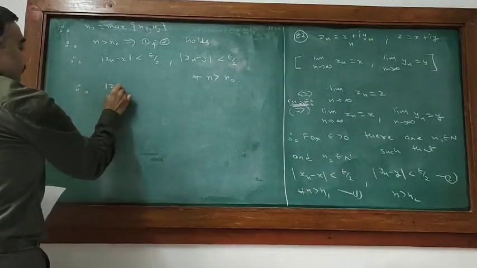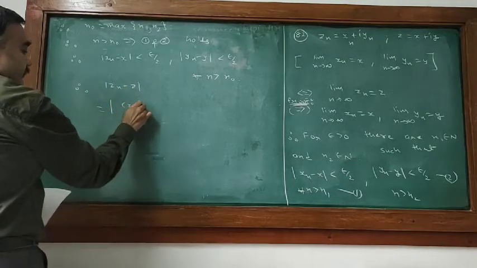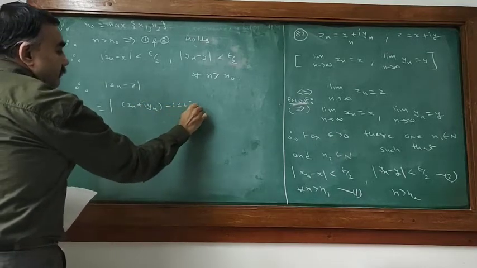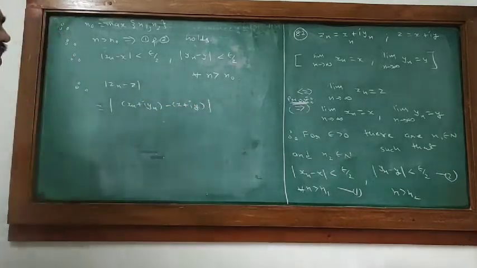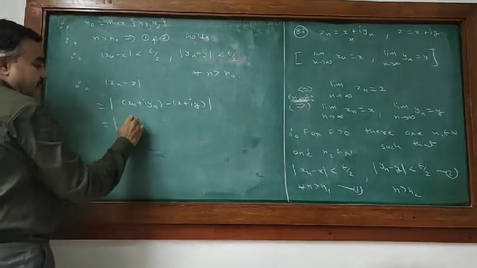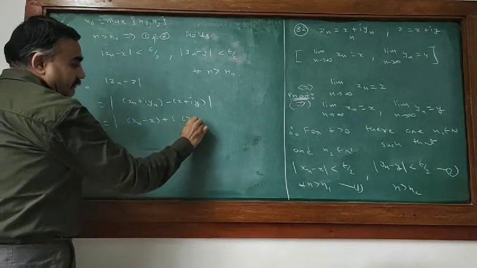Now if we start with Zn minus z, obviously it is xn plus i yn minus (x plus i y), simplified: (xn - x) plus i (yn - y).